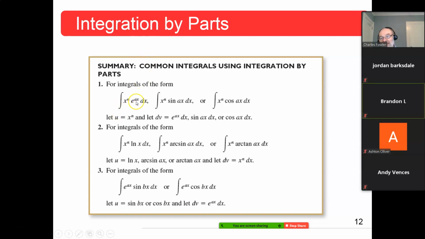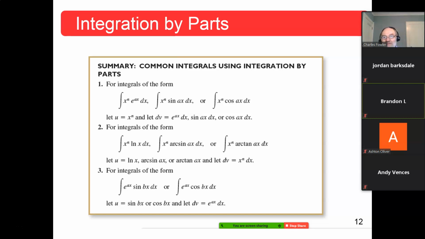The e to the ax isn't going to get any worse because you integrate e to the ax, you get e to the ax. Well, you may have a denominator of an a in there, but that's okay. That gets better. Same thing here. Differentiate the power function, it gets simpler. Integrate the sine, and it doesn't change. I mean, it becomes a cosine, and you have a 1 over a, but you can live with that.